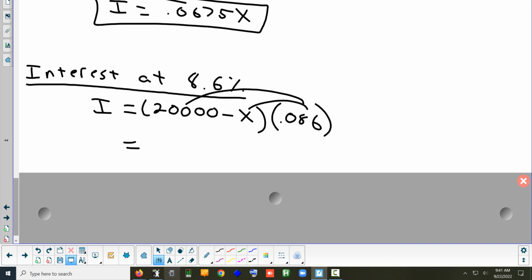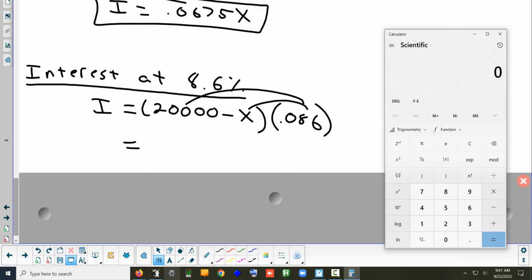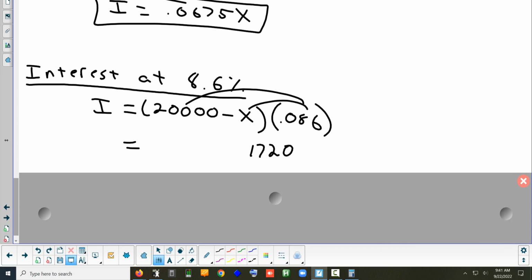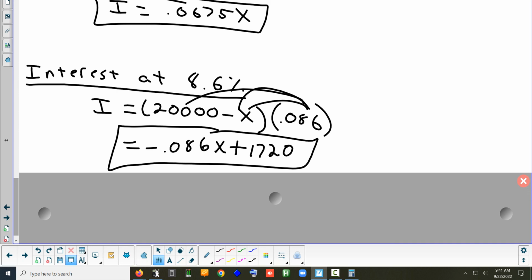So we've got 20,000 times 0.086. That gives me 1,720. And 0.086 times the negative x. That's negative 0.086x. So I wrote it in y equals mx plus b form. So I changed the order a little bit, but that's how we would normally see it.